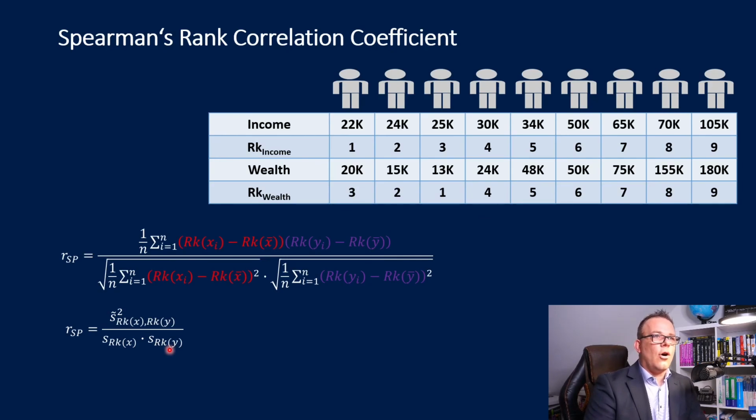That's the idea of Spearman. And if we now replace this rich guy by an even richer with 1 million K income and 1 million K wealth, that one would really dominate the Pearson correlation coefficient. Nevertheless, the rank would still be 9 and nothing else. So that's why the rank correlation coefficient is much more robust to outliers than the Pearson correlation coefficient.